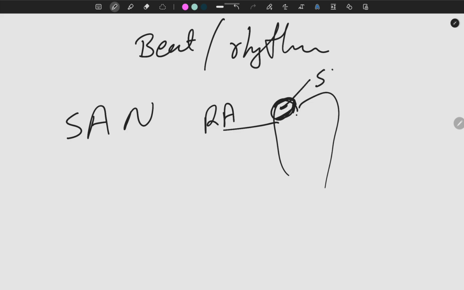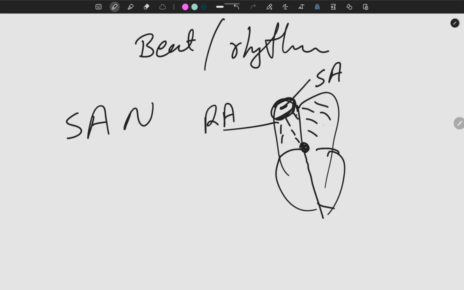So this is the sinoatrial node. What will happen? It goes to the atrioventricular node. This node is present between the atrium and ventricle. The impulses come to the atrioventricular node, and they also spread over the left atrium.